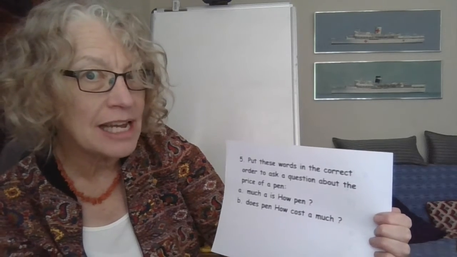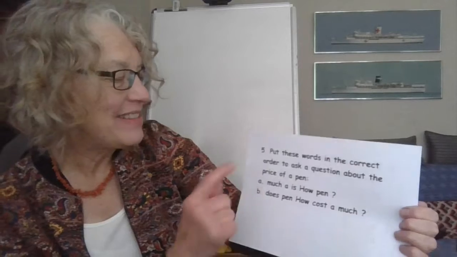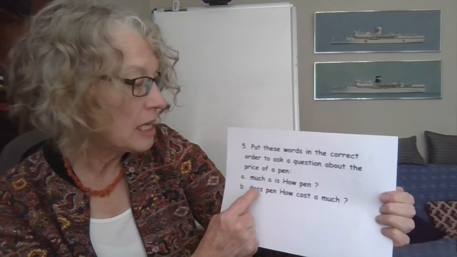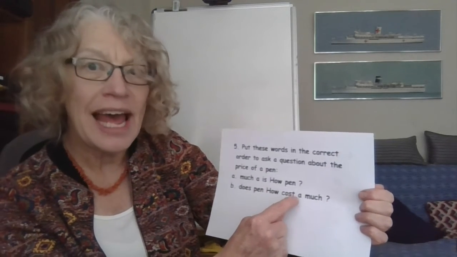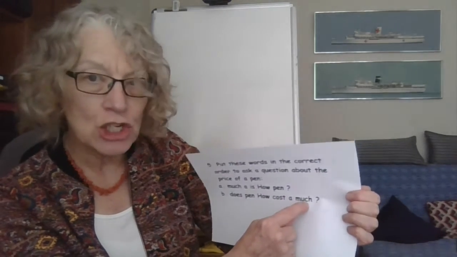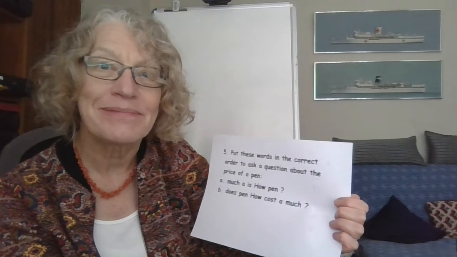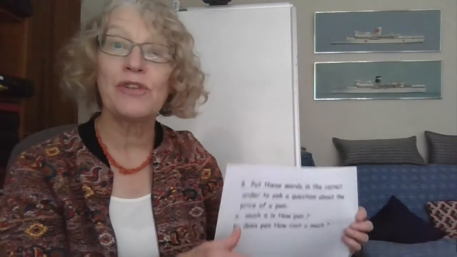Put those in the right order to ask a question. And then the second one, B: does, pen, how, cost, a, much, question mark. Put them in the right order. Okay, pause whilst you do that.